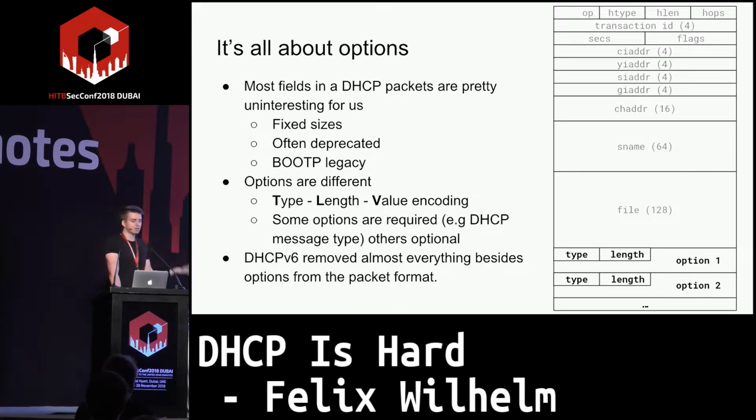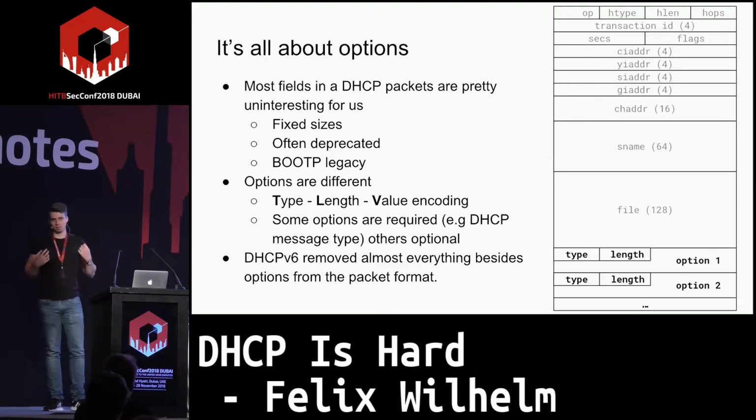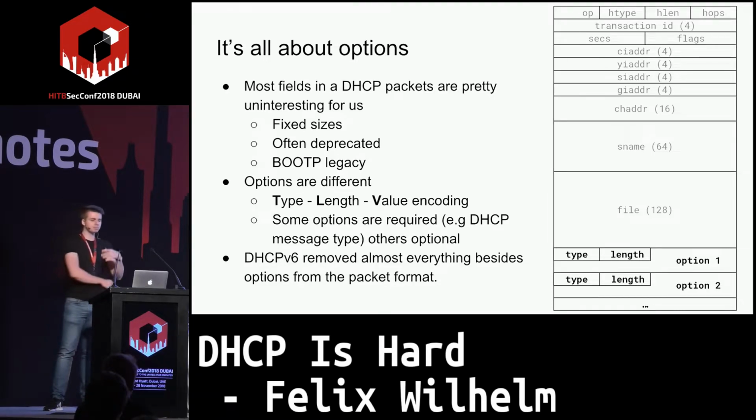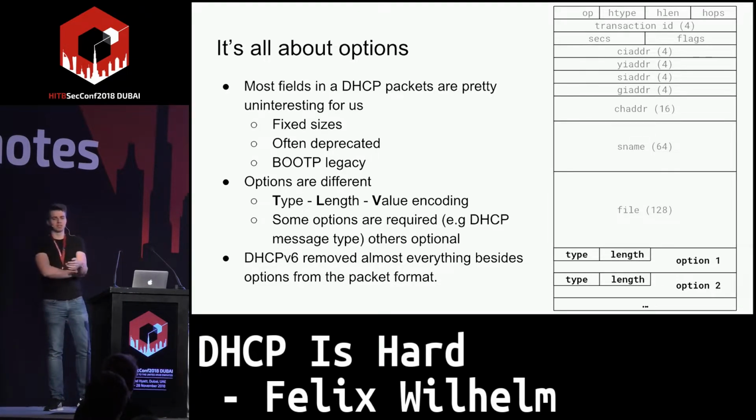So let's start looking at DHCP. And I don't want to bore you with a full overview about how DHCP works. And to be honest, most of the stuff is super uninteresting for us from an attacker perspective. Because if you look at the DHCP packet, the stuff on the right is a DHCP version 4 packet. And if you look at these packets, most of the fields are pretty uninteresting.